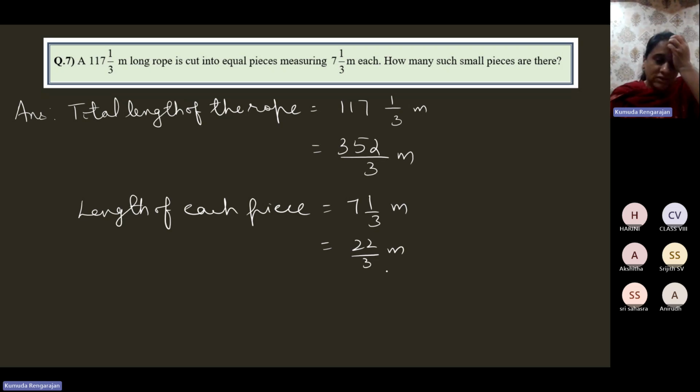So say you have a rope which is 100 meters long and you cut the rope into many equal pieces, and the length of each piece is 5 meters. Then how many pieces have you made?